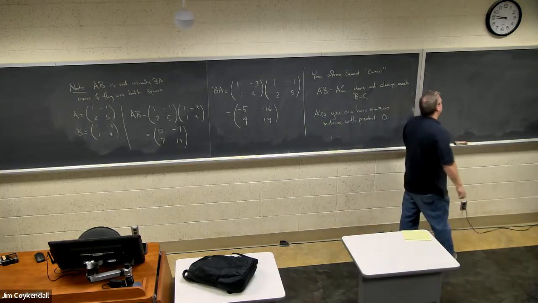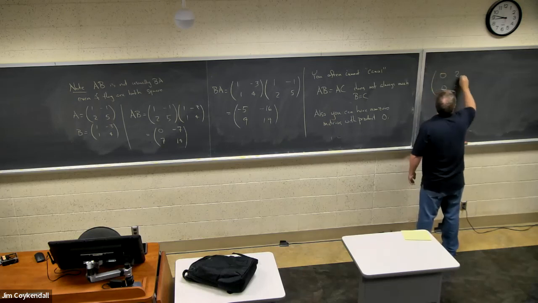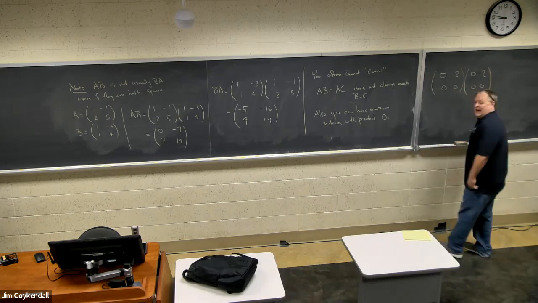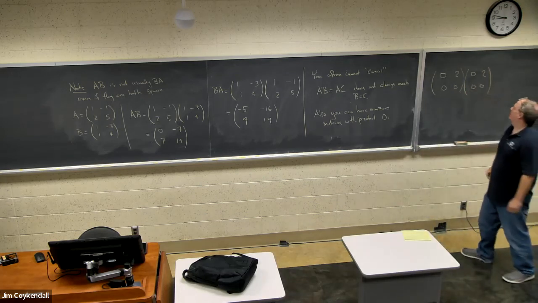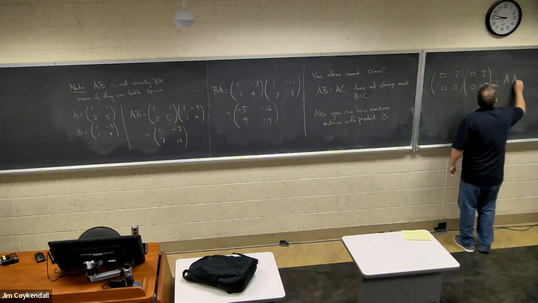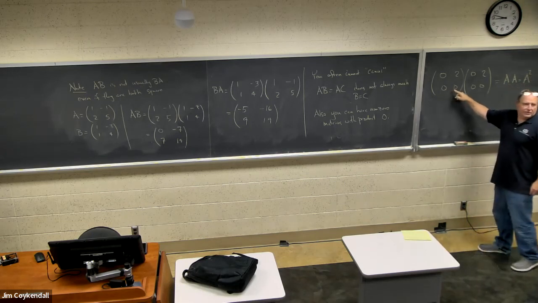Let me give you an example of this. In fact, this is the square of this matrix. I'm going to call this A squared. Matrix A is right here.